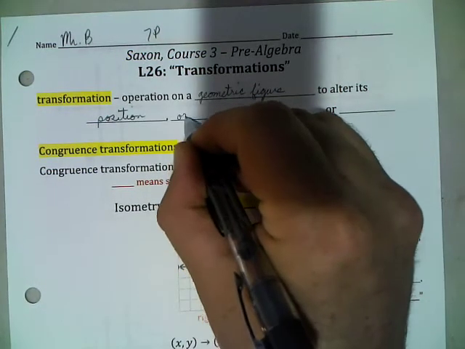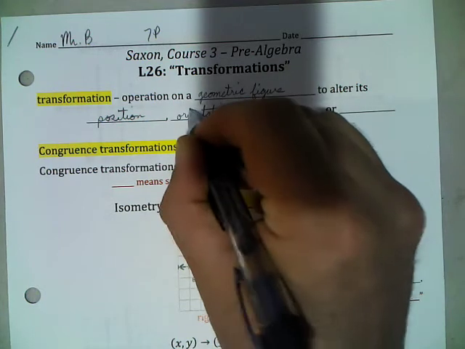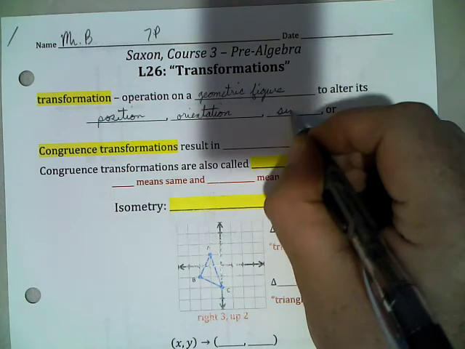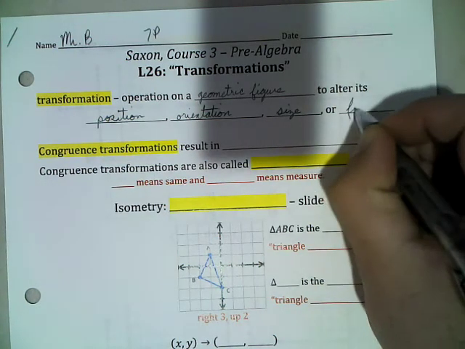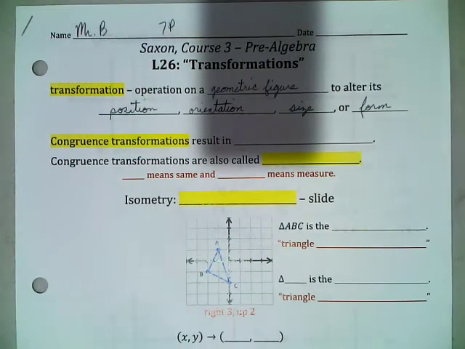Its orientation, so its position where it is, its orientation where it's pointed, its size, or its form. So basically a transformation is we're doing something to alter that figure in some way. It is no longer the same figure in the same location, something is different.